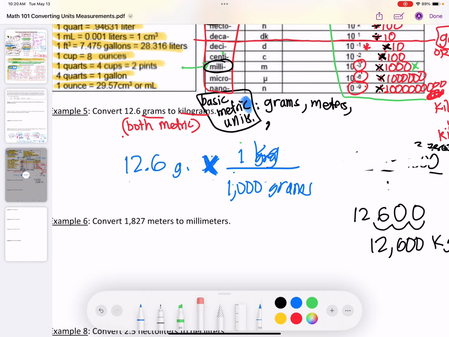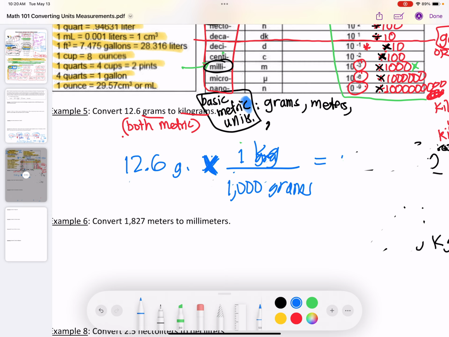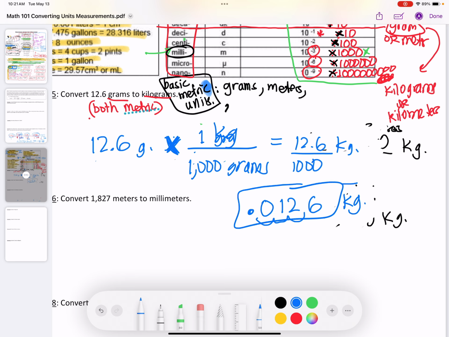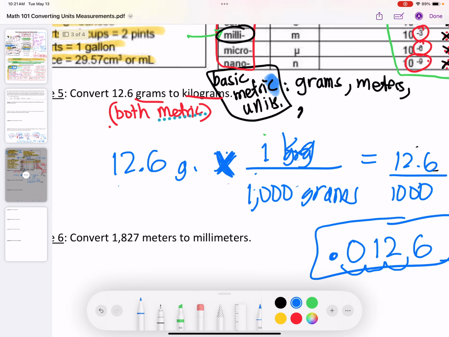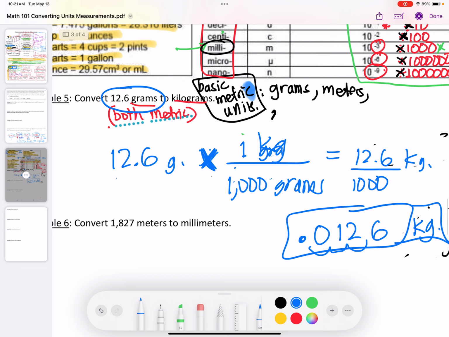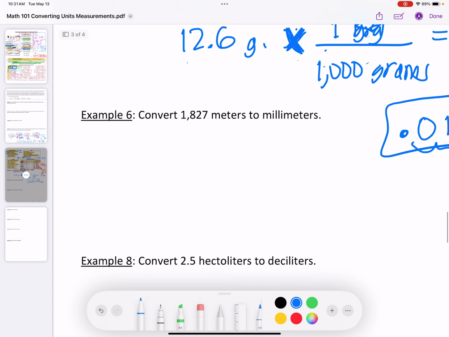Over here, 12.6, and I'm dividing by 1,000. That's not too bad, I just move the decimal the other way. 1, 2, 3, because there were 3 zeros in 1,000. So there are 0.0126 kilograms in a gram, which makes sense. Grams are small, so 12 grams is going to be very little in kilograms, because kilograms are big measurements.